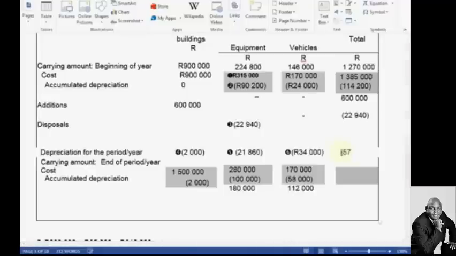It will give you 57 bracketed, 57,860. Then you add all those. This one is how much? Since I'm putting them down, let me put it down here. It's gonna be 1.5 million minus 2,000. It's gonna give me 1.498 million.